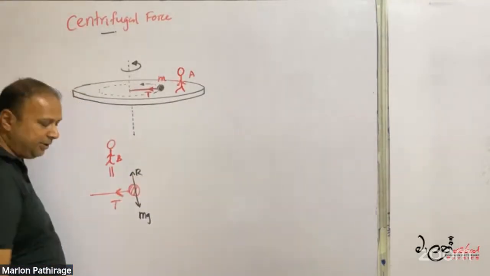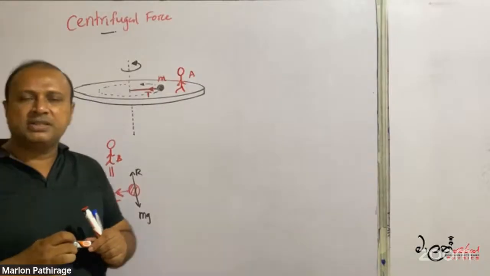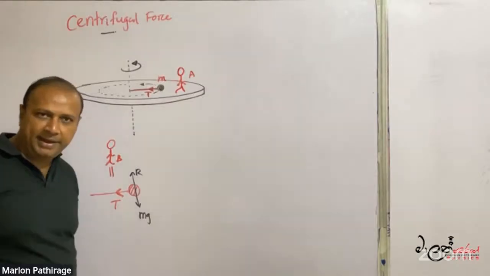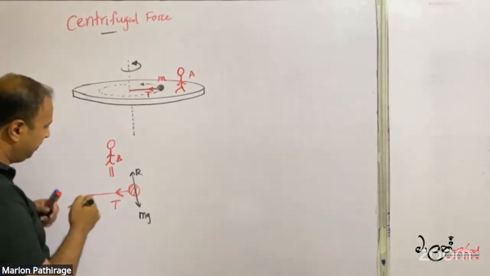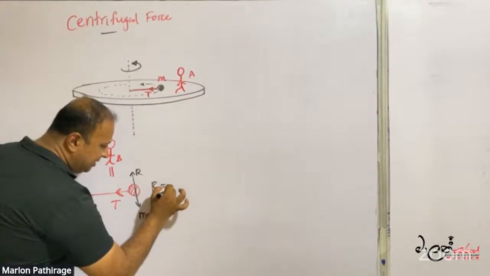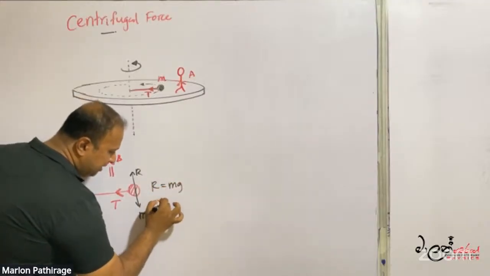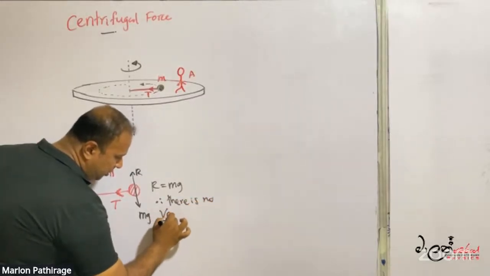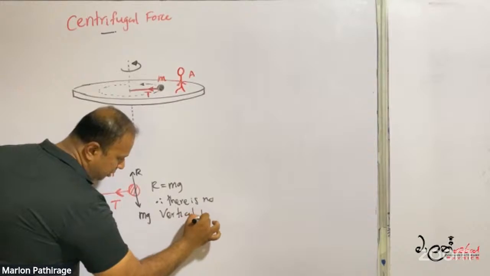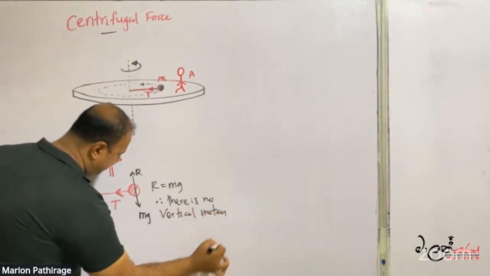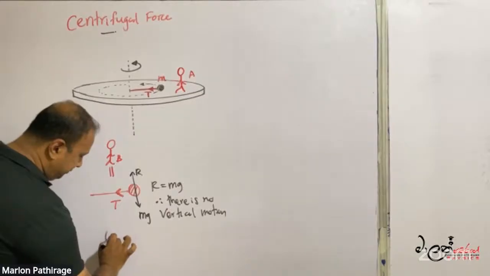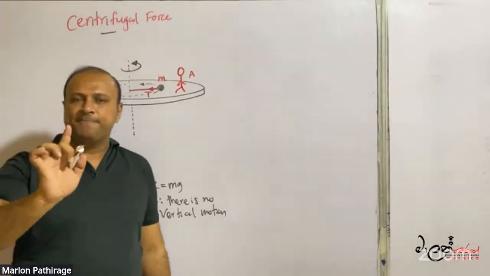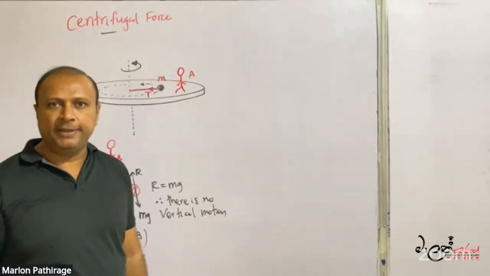Those are the forces with respect to this man. R is equal to mg because there is no vertical motion. Is that clear? If it is clear, please raise the hand.